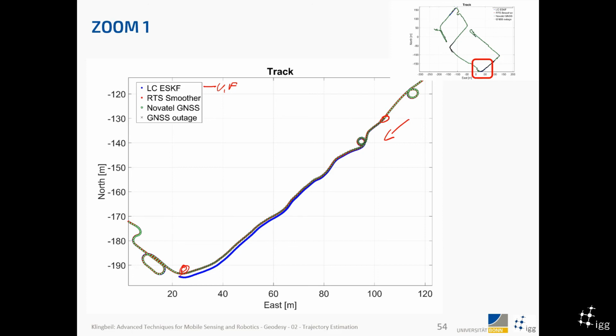So here we can see this behavior of drifting away and then jumping back, and the smoothed estimate, the red one, because it calculates the same thing from the other side, doesn't have that behavior. So the smoother will get rid of those jumps.